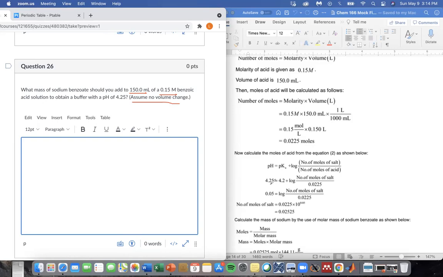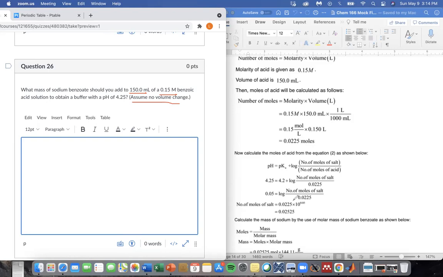You can plug it into your Henderson-Hasselbalch equation, and you'll get that 0.05 equals log of this. You remember that the only way to undo a log, and this isn't a natural log, this is a log base 10, is similar to how you solve for H3O plus concentration after you have pH: you do 10 to the negative pH. It's the same thing here.